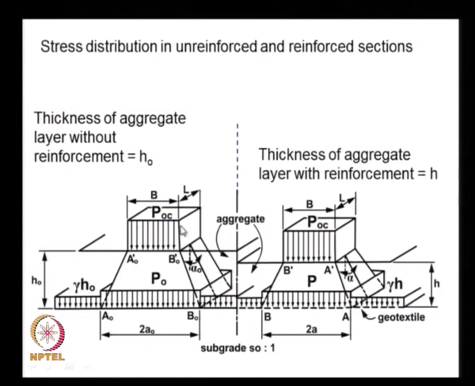Basically, the wheel load is applied over a rectangular area of L by B, and the thickness of the pavement or the aggregate layer without any reinforcement is taken as h naught, and the thickness of the same aggregate, because of the reinforcement, is reduced to small h. It is assumed that the load is distributed all around at some angle, about 31 degrees, and it is assumed to be the same for both the unreinforced and the reinforced cases.